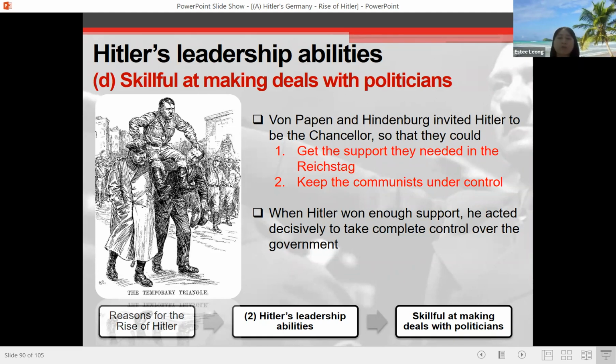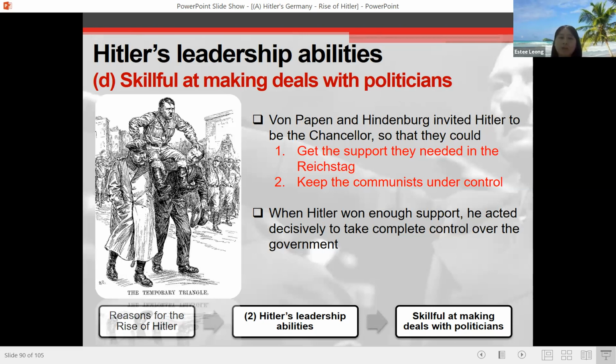So when Hitler won enough support, when he became chancellor, he acted decisively to take complete control over the government. This is what we'll talk about when we move to the next topic, the impact of Hitler's rule. How did he take complete control over the government?